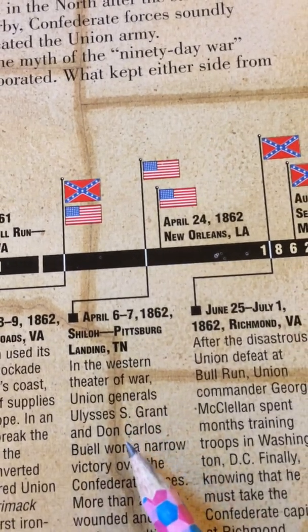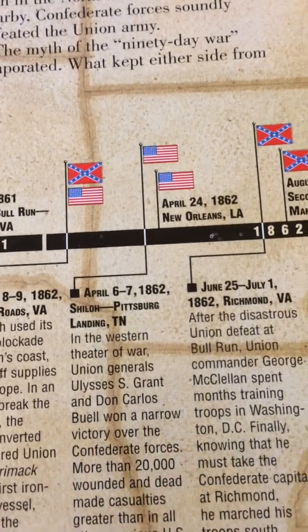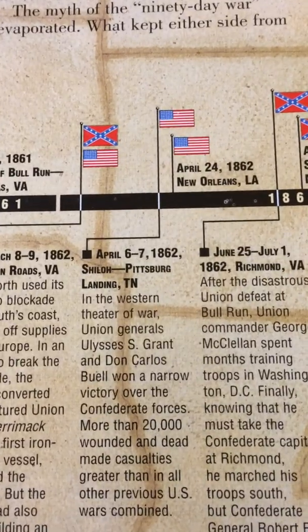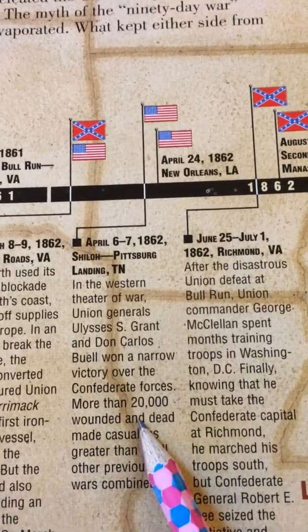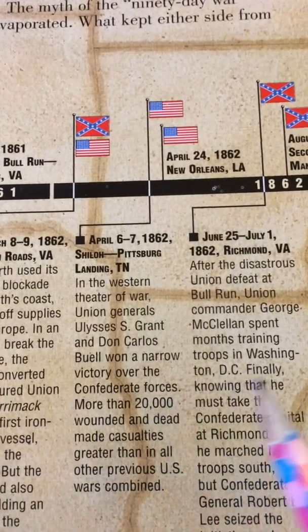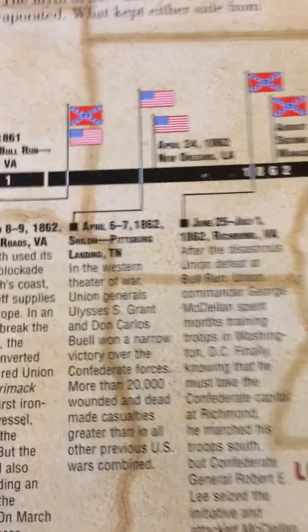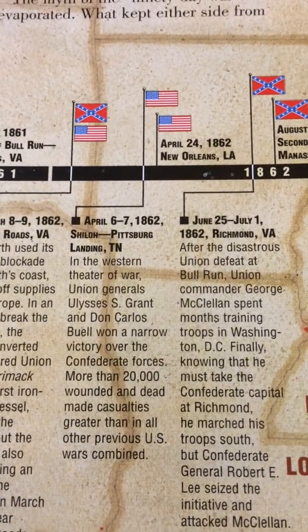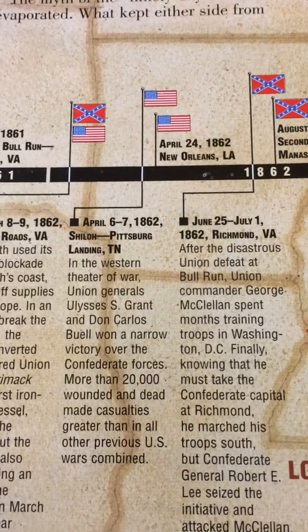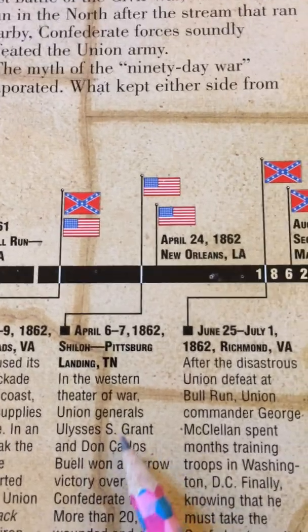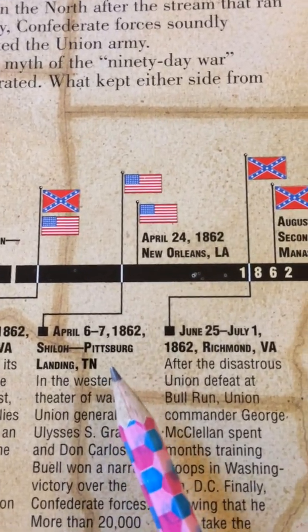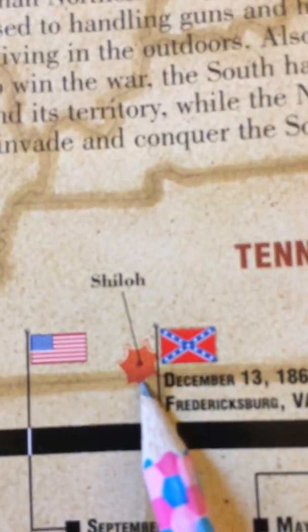In the Western theater of the war, Union generals Ulysses S. Grant and Don Carlos Buell had a narrow victory over the Confederate forces. 20,000 wounded and dead made casualties greater than all other previous U.S. wars combined. You see? And there we have it. There's Shiloh on the map in Tennessee.